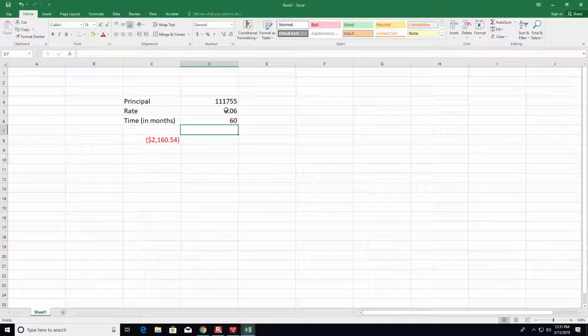We could take this and say how much are his total payments over 5 years. What would you multiply that 2160 by to figure out how much he's out of pocket over 5 years? 60. And then you could compare it to the other one multiplied by 96 payments. And you could see, right?